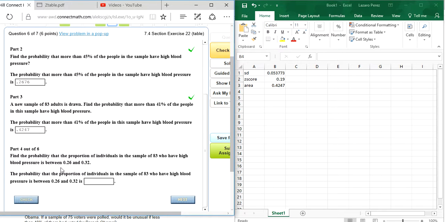All right, find the proportion of individuals in the sample that are between 26 and 32. Let's do this one down here. So we're going to have to find the z-score for the first point and the area, and the z-score for the second point and the area.